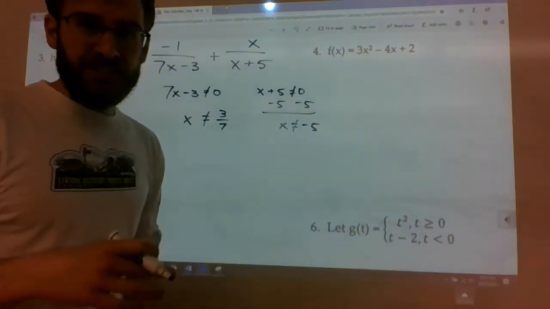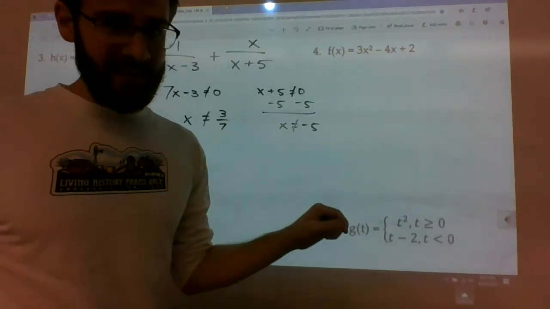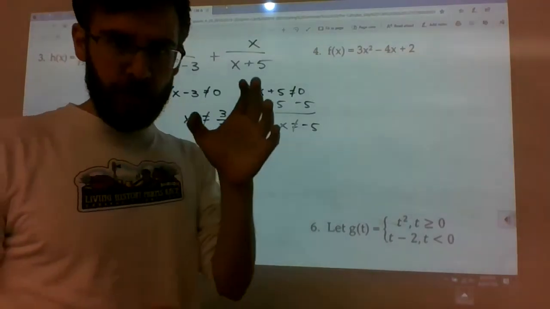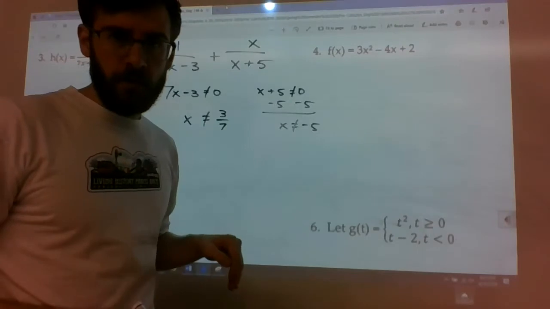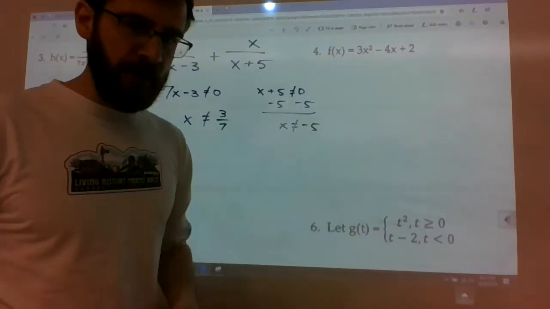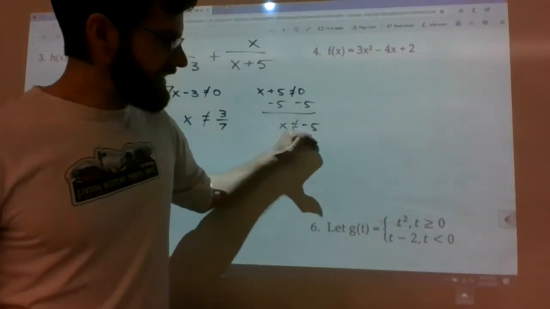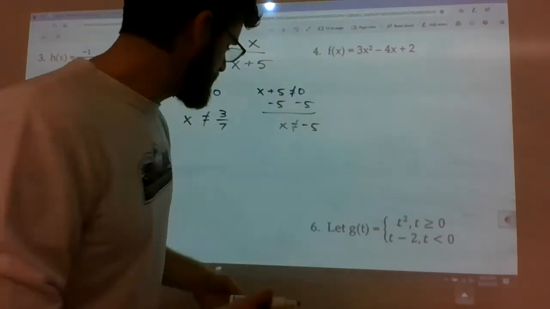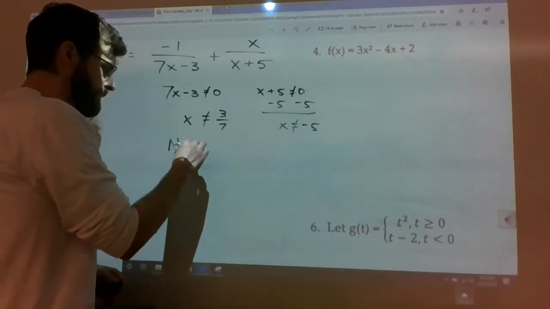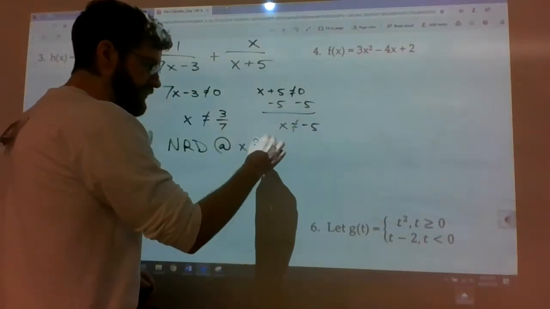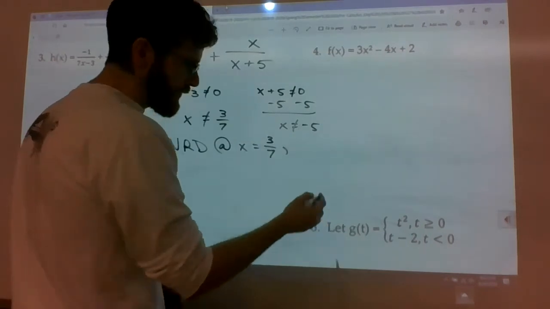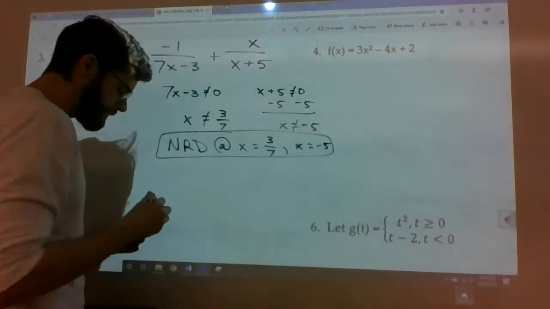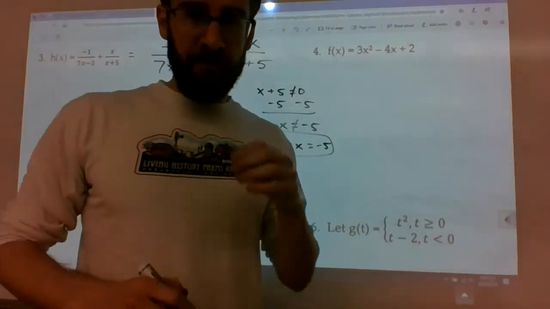Those are places where the domain doesn't have an x listed, so to speak, right? There's no x value living there because there's an asymptote. So that creates a non-removable discontinuity at 3/7 and at negative 5. So it's non-removably discontinuous at x equals 3/7 and x equals negative 5. So that's not too terrifying.